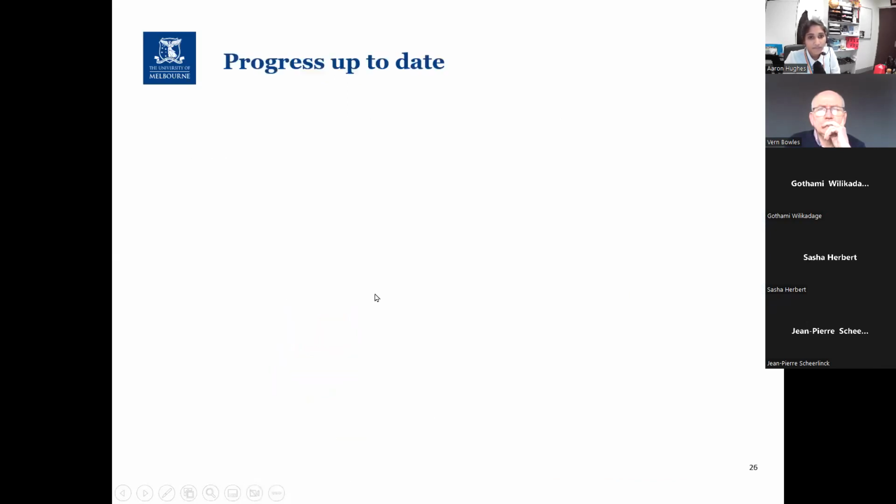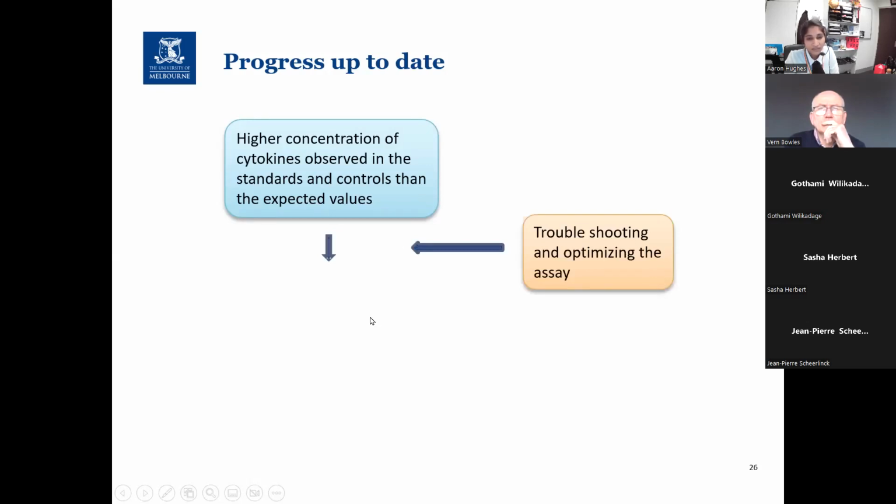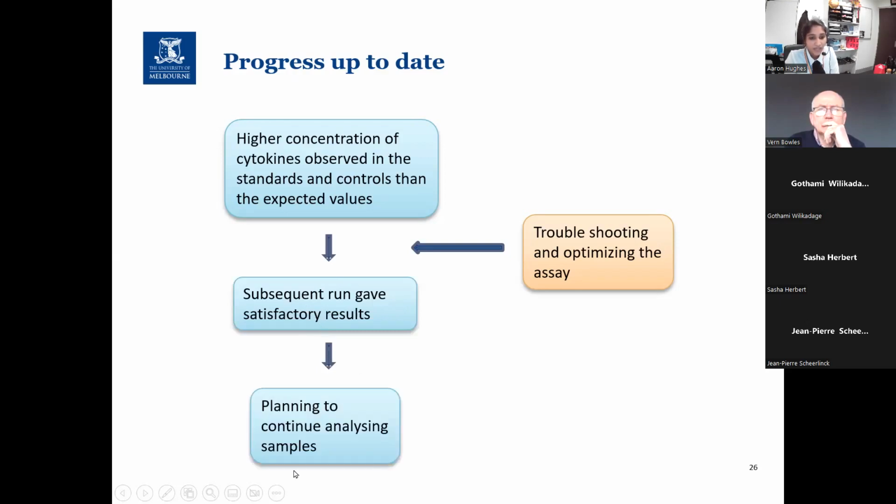I have done my first batch and got higher concentrations of cytokines in the standards and controls than the expected values. So I had to do a bit of optimization, and after some troubleshooting I ran another batch. The subsequent one gave a satisfactory result. Now I'm planning to continue analyzing my study samples.